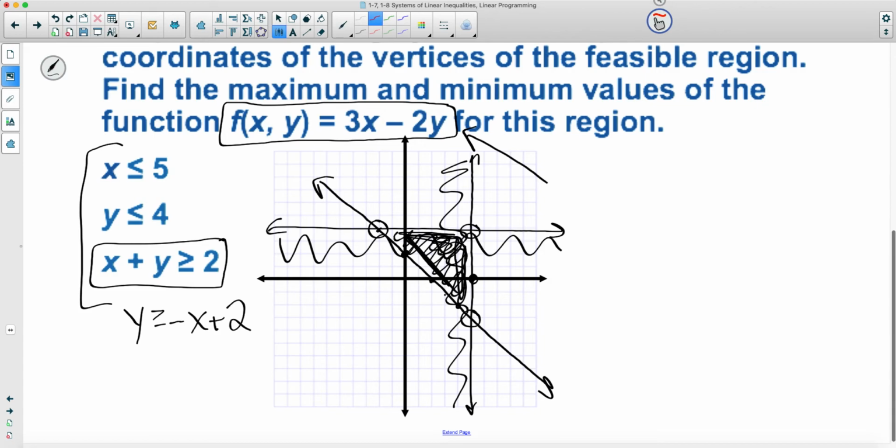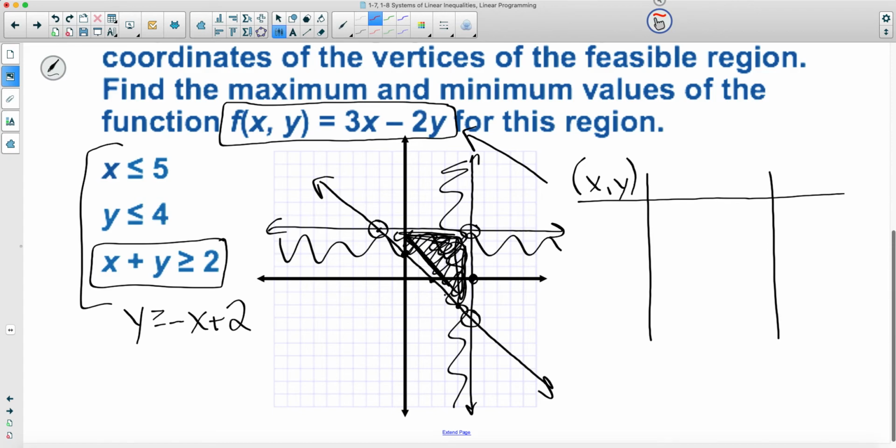So when we do that, I make a little table. You don't have to. I would recommend it for organizational purposes on the first couple. My first column is going to be where I put my points of my feasible region. My second column is going to be where my work goes. And my third column is going to be the value that I obtain after I plug in the points.